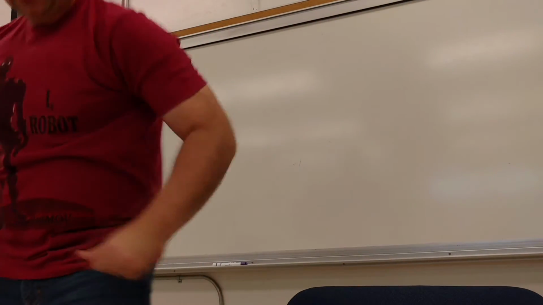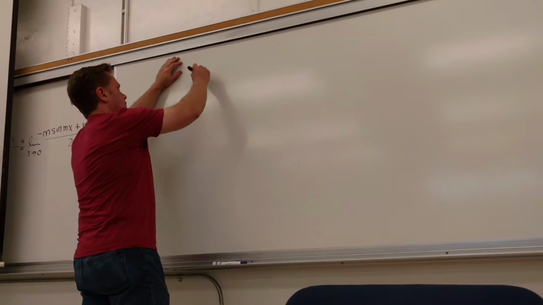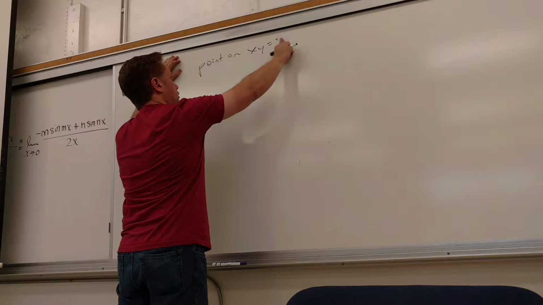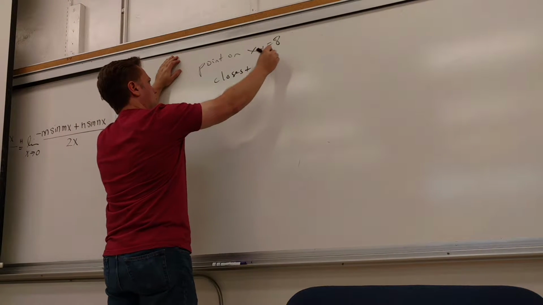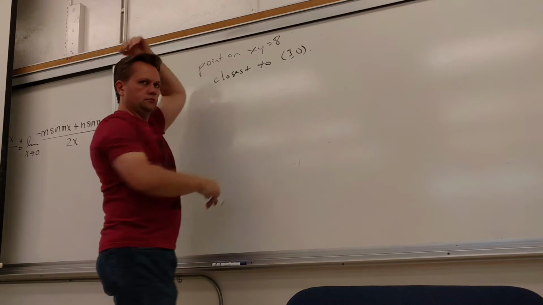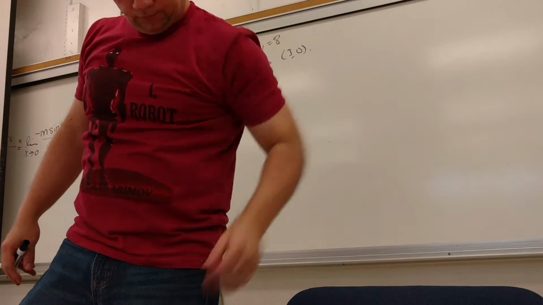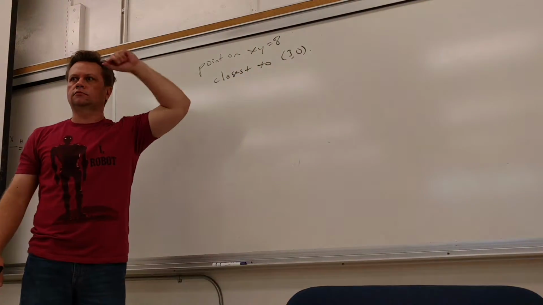Right? Okay. So it says find the point on this that is closest to the point (3, 0). What does that look like?